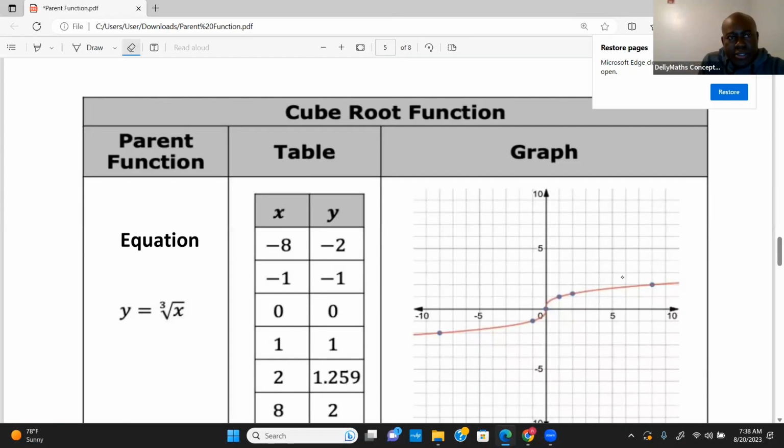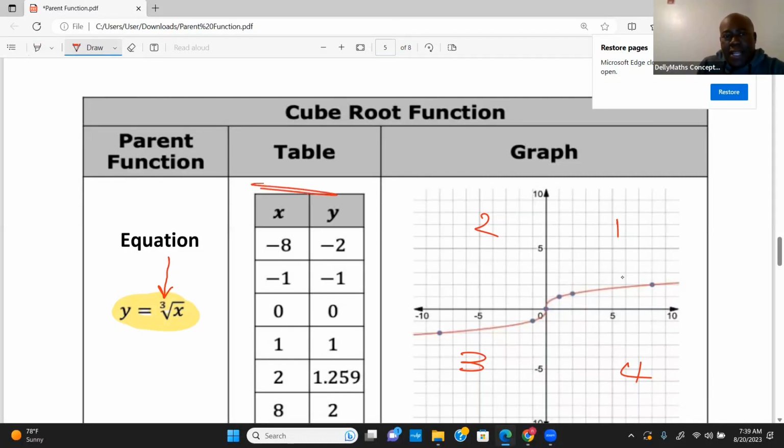So here it is. Let's take a look at the equation. The equation is going to be the third root of x. Not the square root, the third root of x. And this is where it's coming from quadrant 3, just like the cubic, and it's going to end up in quadrant 1. But it's more of a compress, so it almost wants to look like an S, right?